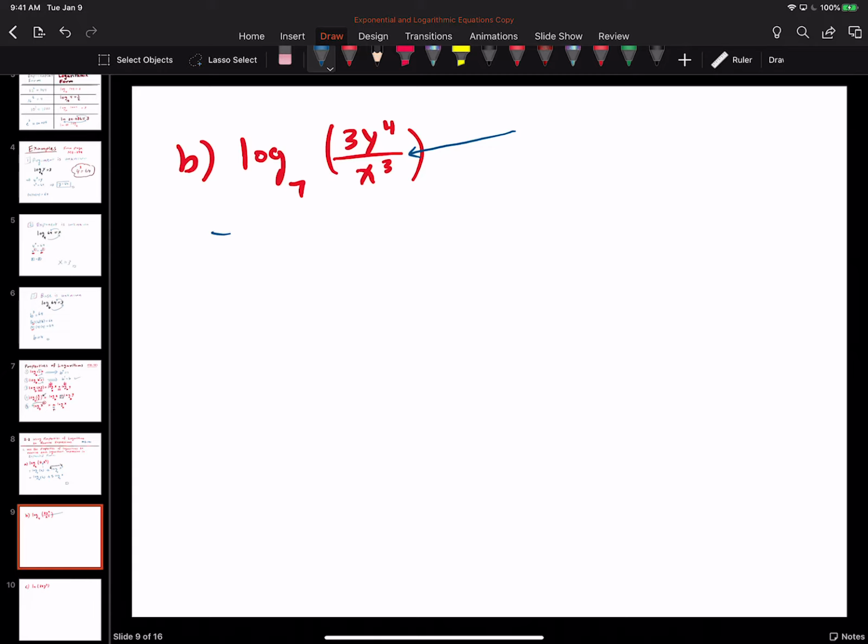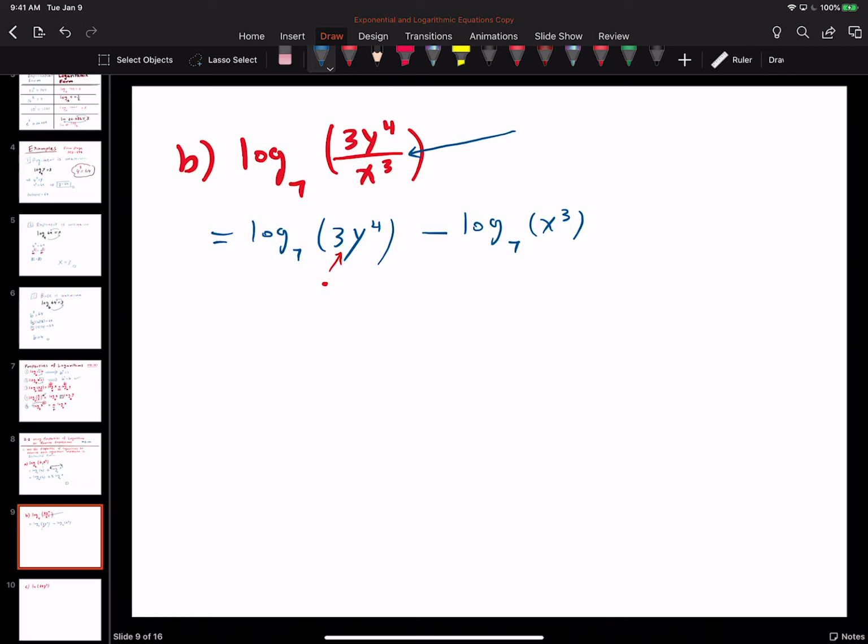So here we go. Log base 7 of 3y to the 4 minus log base 7 of x cubed. Now we have a product right here between 3 and y to the 4.